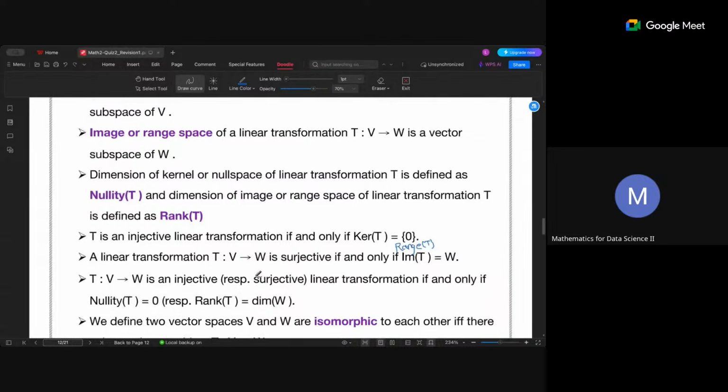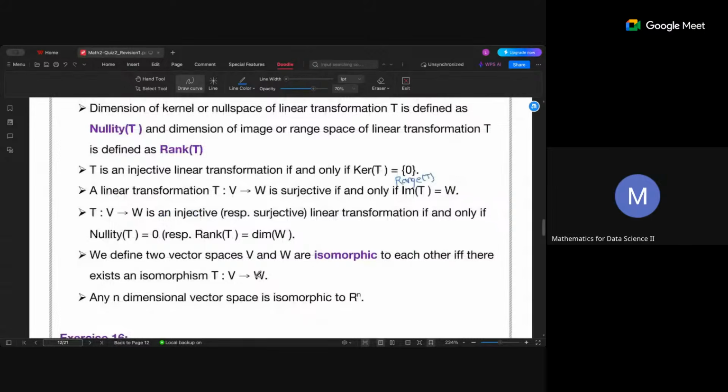Two spaces are isomorphic if and only if there exists an isomorphism T from V to W. And this is an important thing: any n-dimensional vector space is isomorphic to Rn.